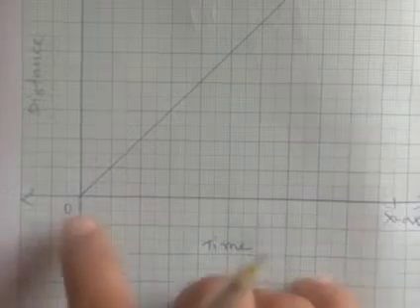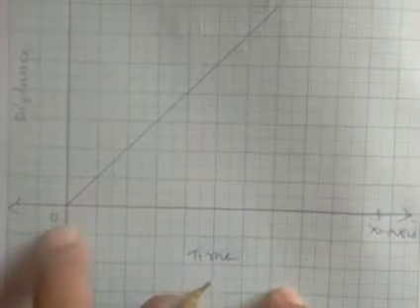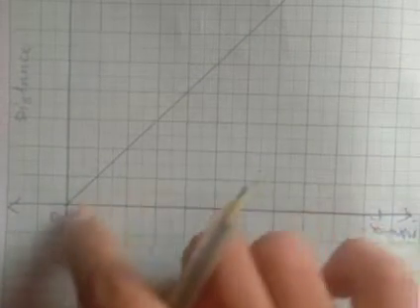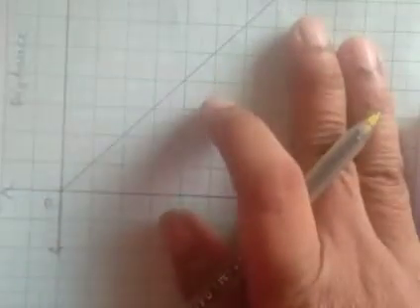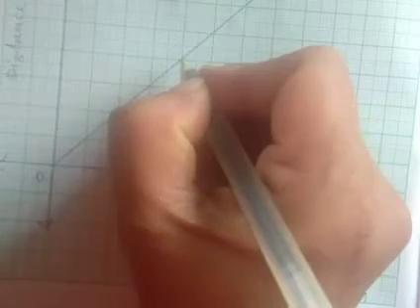Now let's suppose the car has started from the rest position O and it has started moving. Let's take random points here on the graph and try to find out how we can find out the speed of the moving vehicle. Let this point be A here and let this point be P here.